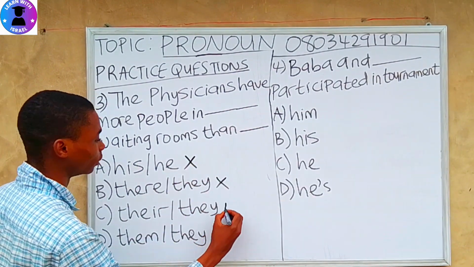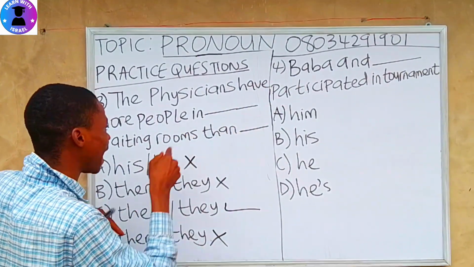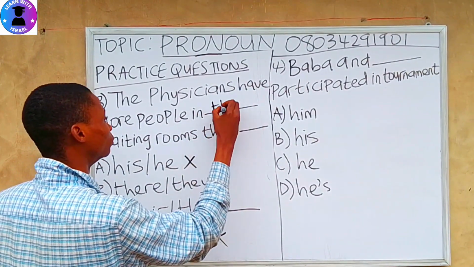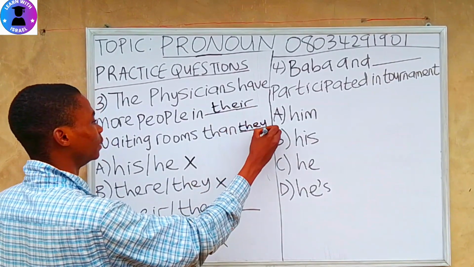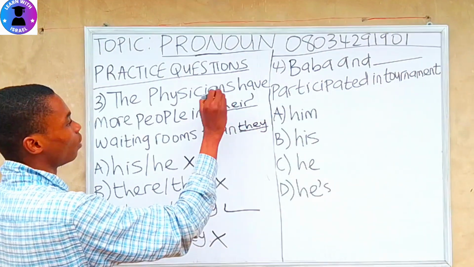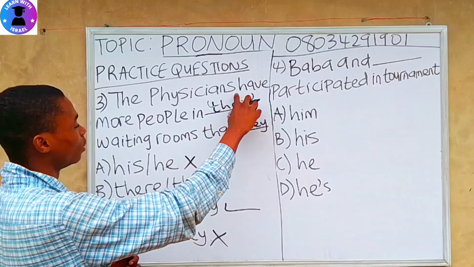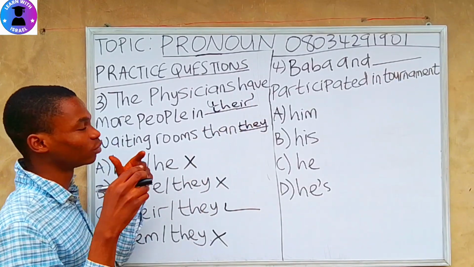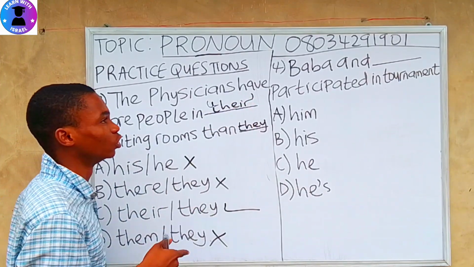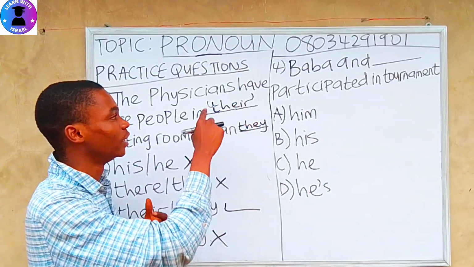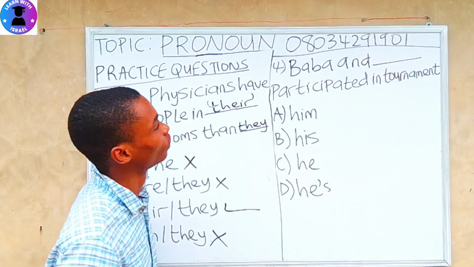The most appropriate is option C. The physicians have more people in their waiting rooms than they. This their connotes the plural pronoun, because we already know that they are more than one person. As you can see, the physicians have more people, so the pronoun here should be pluralized. So let's move to question 4.